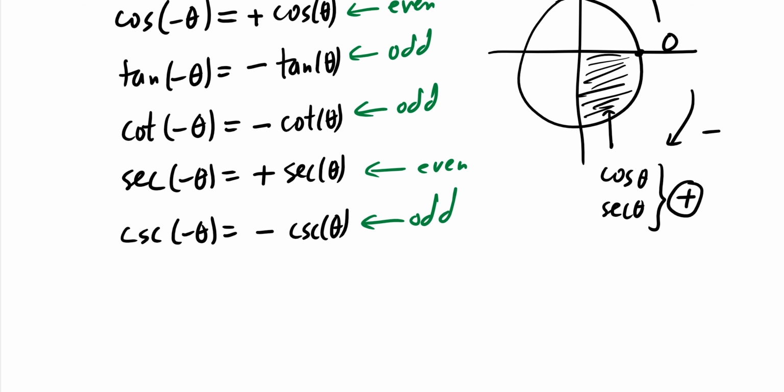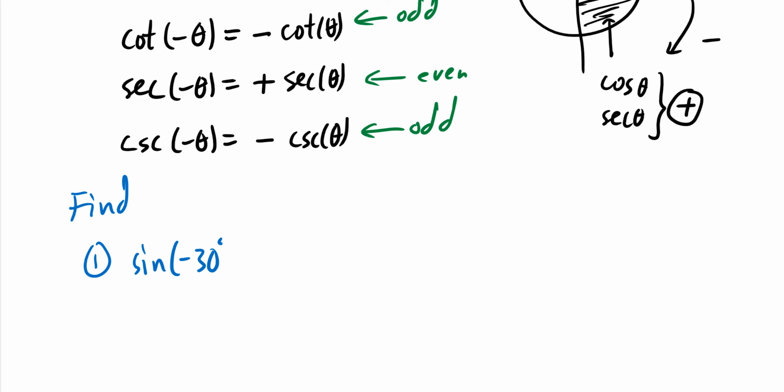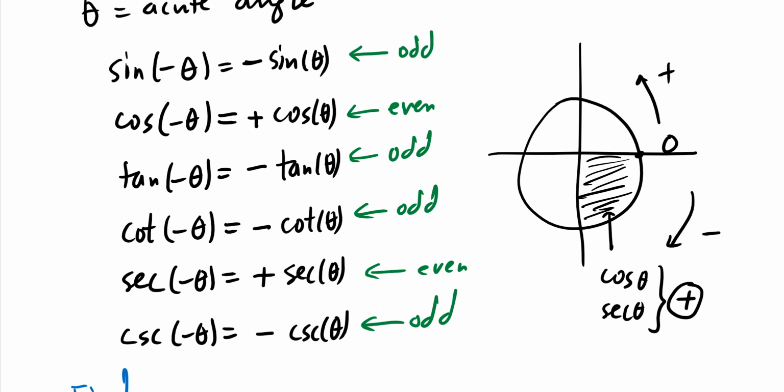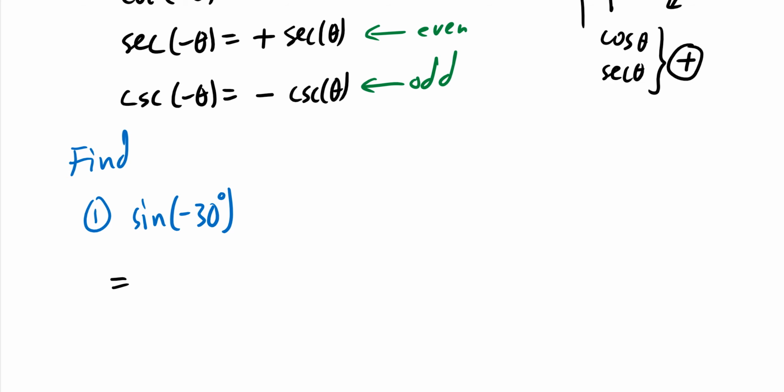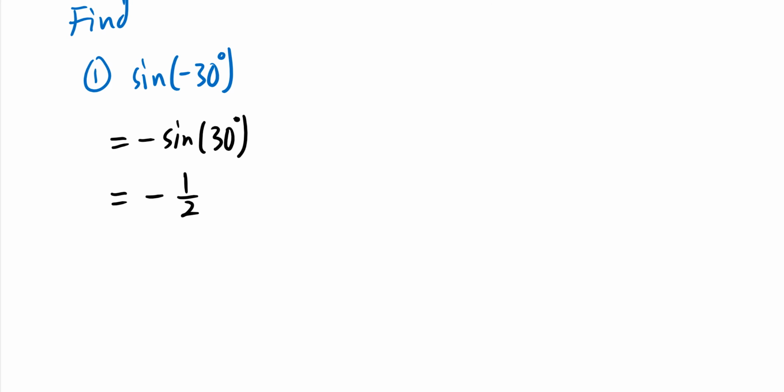Let's see how to apply them if we are asked to find the value of sine negative 30 degrees. Well, sine negative theta, what is it? It's negative sine theta, so it's negative sine 30 degrees. And from the previous section, sine 30 is 1/2. What about tangent negative pi?